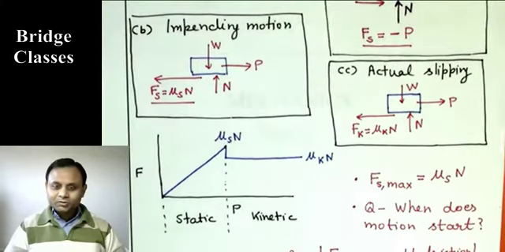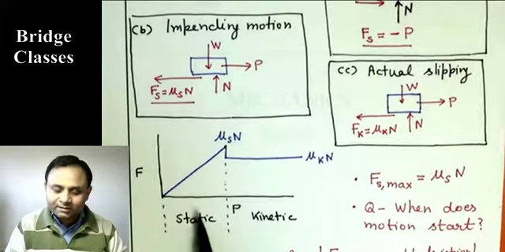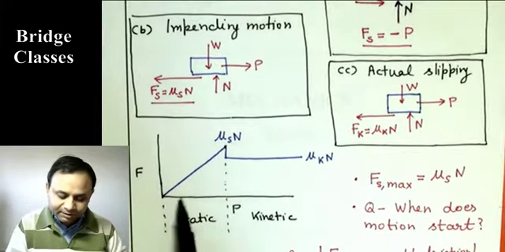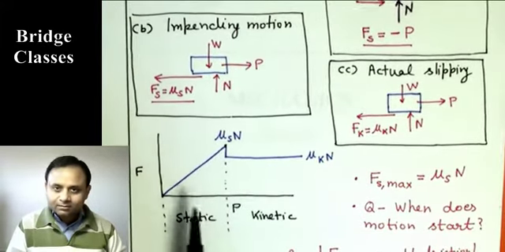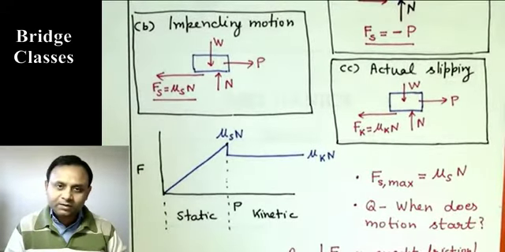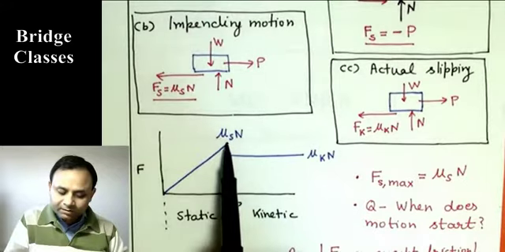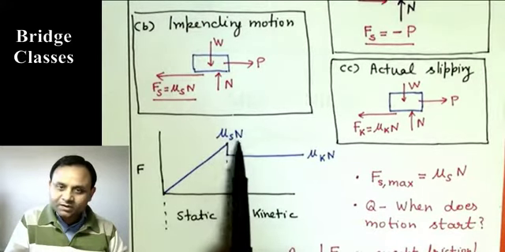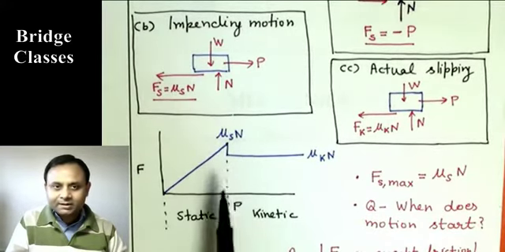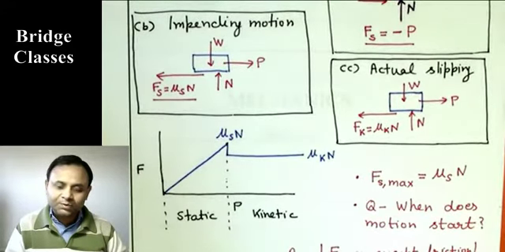Okay, so just make sure you understand. If we have static friction and it is not impending motion, so in this region, then the magnitude of friction and its direction, both of these you will get from the equilibrium equations. You are not going to use the frictional equation. If it is impending motion, so friction corresponds to this point, it will be given by mu s N, and its direction will be opposite to the direction of the impending motion.